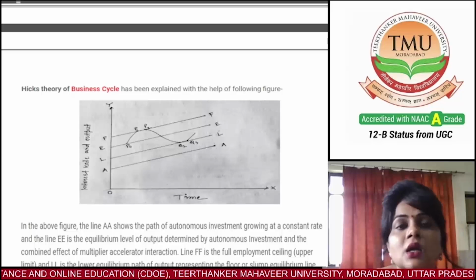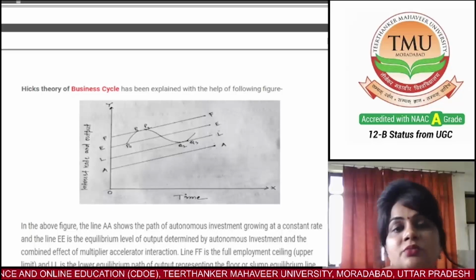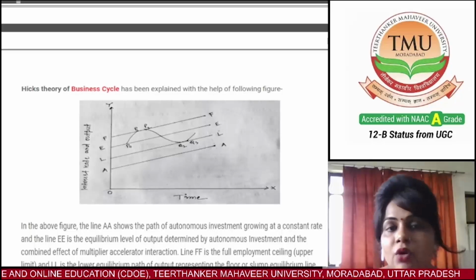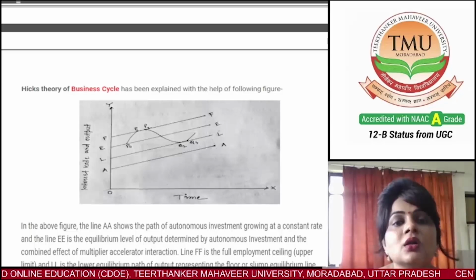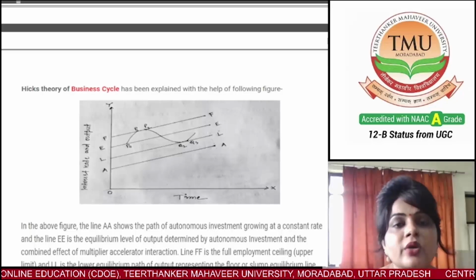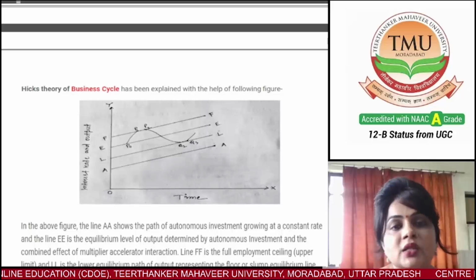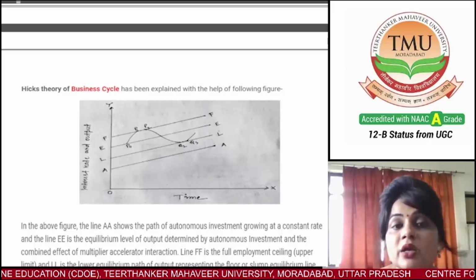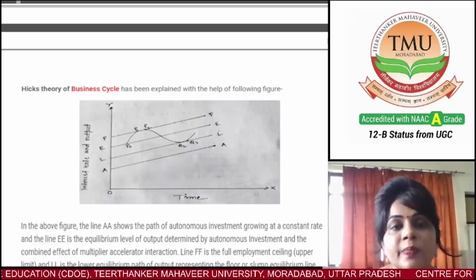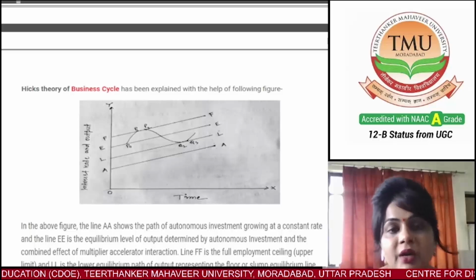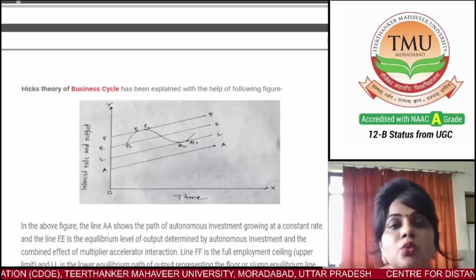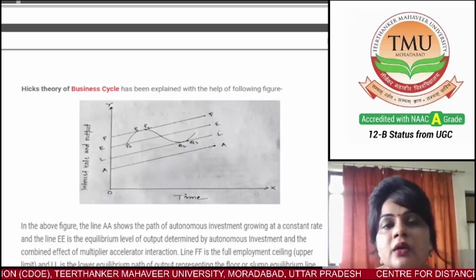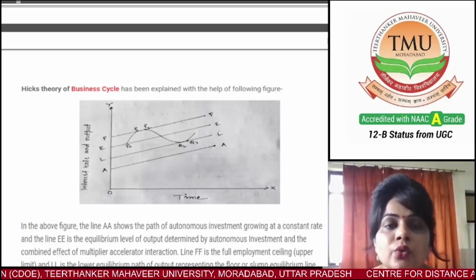In this downswing, investment falls off rapidly, therefore the multiplier works in the reverse direction. A fall in national income and output resulting from the sharp fall in induced investment will not stop on touching the level of EE, but will go further down, and the economy must consequently move all the way to P2 Q2.